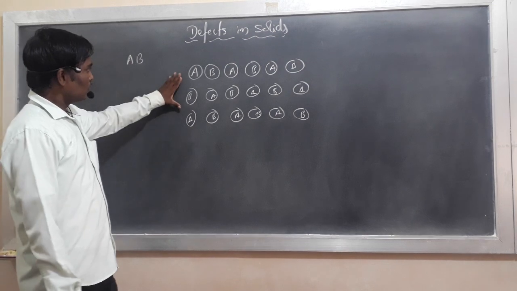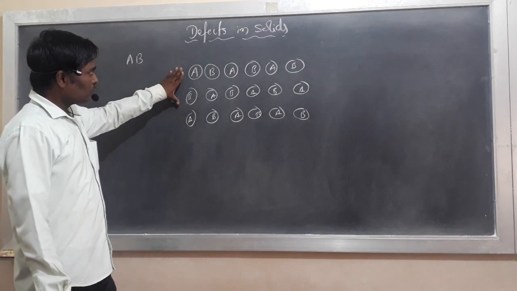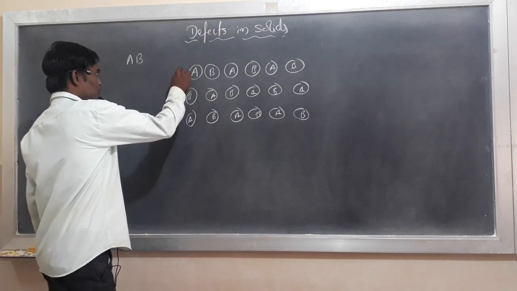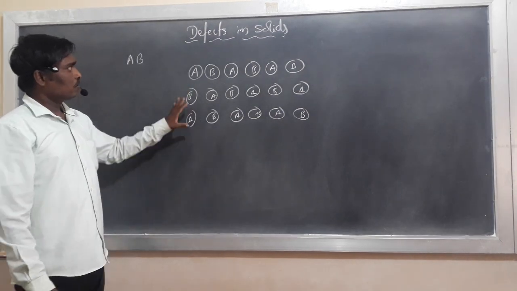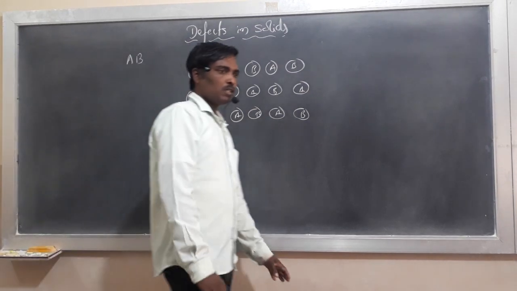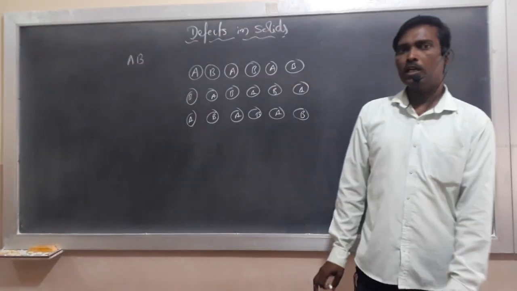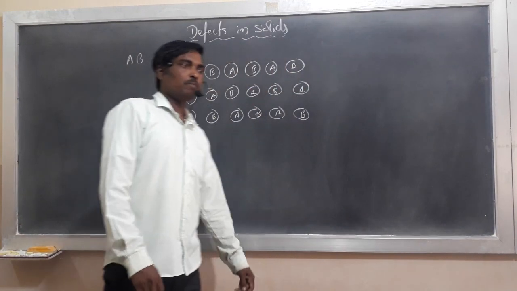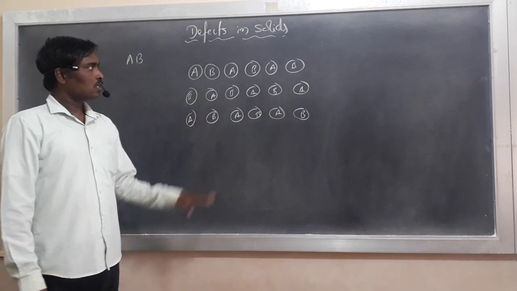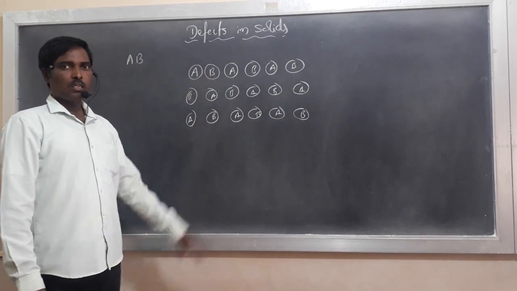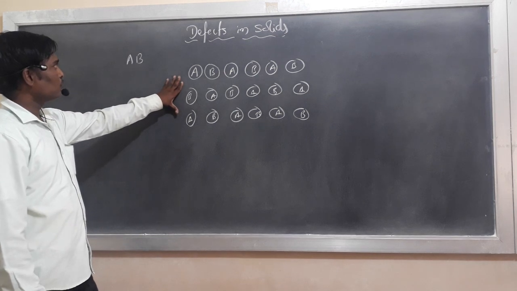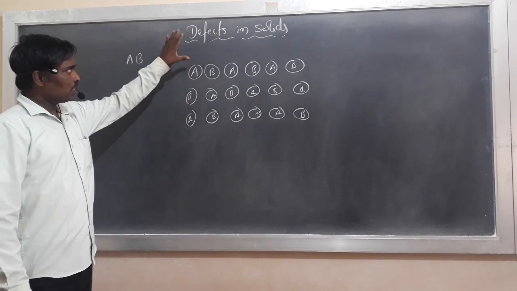But there may be some defect during the formation of that crystal. That defect we call an imperfection in solids. If any disturbance is done in the orderly arrangement of these constituent particles, any disorderness observed in the crystalline compound, then that solid is called defective.